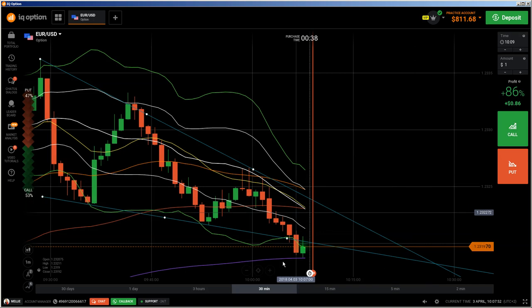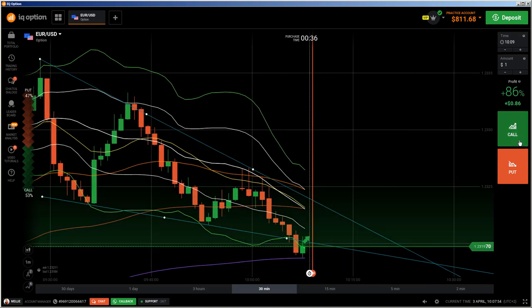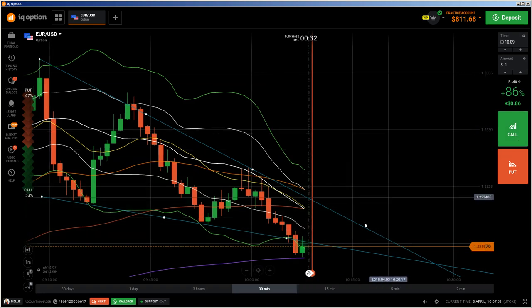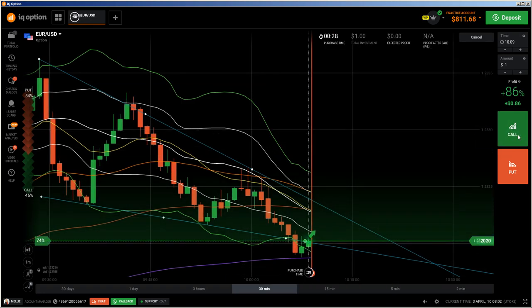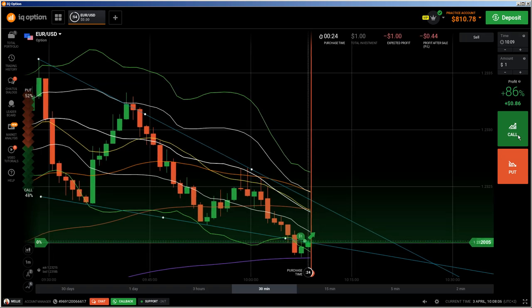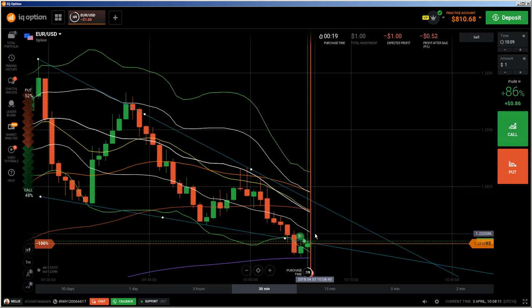Okay, after this candle, I will do a call. Yes, I'm pretty much sure that we are heading back into this trend channel of this pennant. Okay, I'm going to do a call now, because okay, the entry point was late, but I'm pretty much sure that we are heading up further. Yes, because of this reversal here.